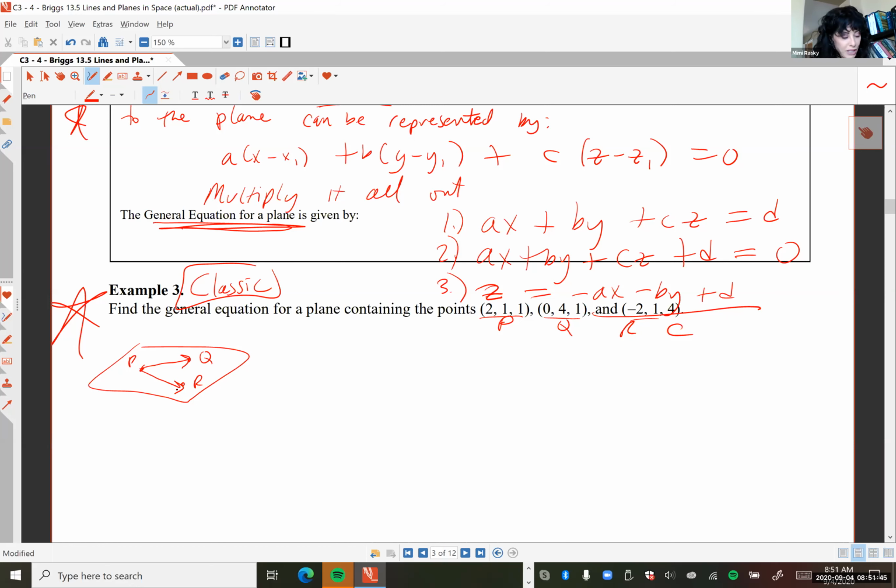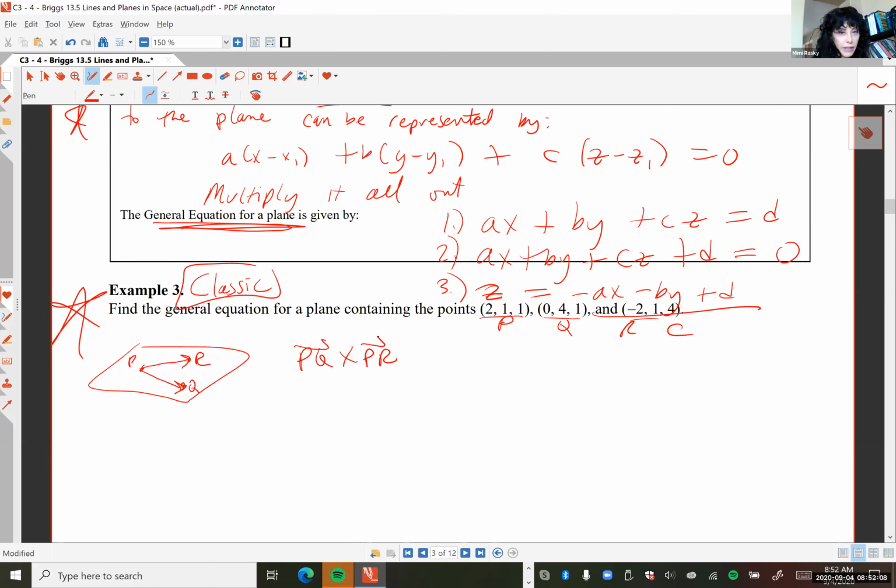Let me put the Q over here and the R over there, so it'll be easier to understand the right-hand rule. Still got to go get PQ and PR. So that's step 1. Then you're going to do the cross product of PQ cross PR.